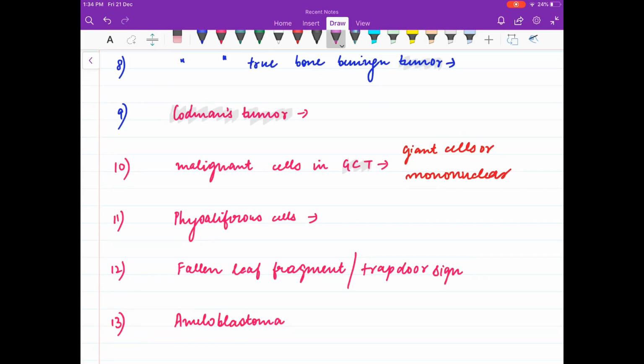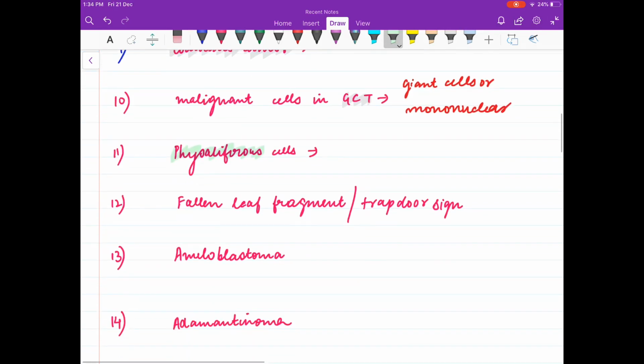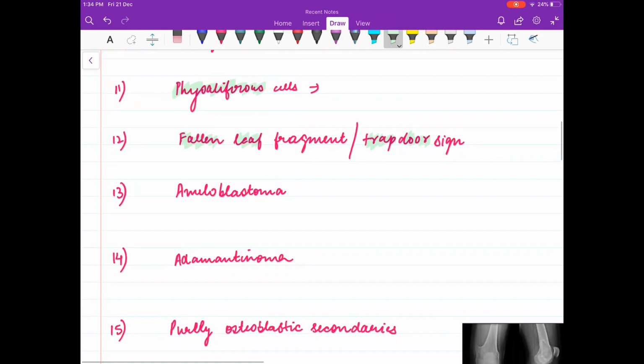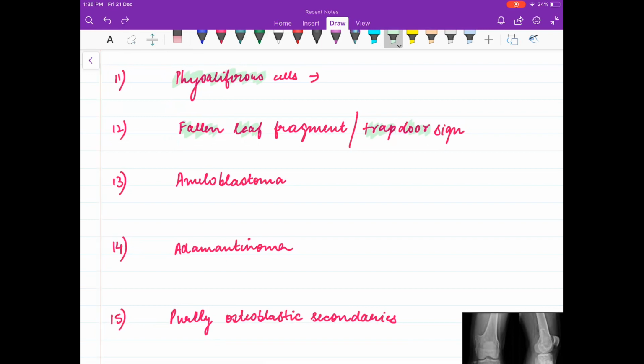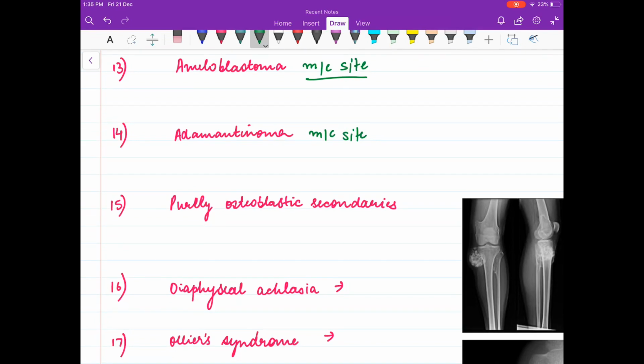Physaliferous cells are seen in? Fallen leaf fragment or trapdoor sign is seen in? Adamantinoma, most common site is? Purely osteoblastic secondaries are seen in?